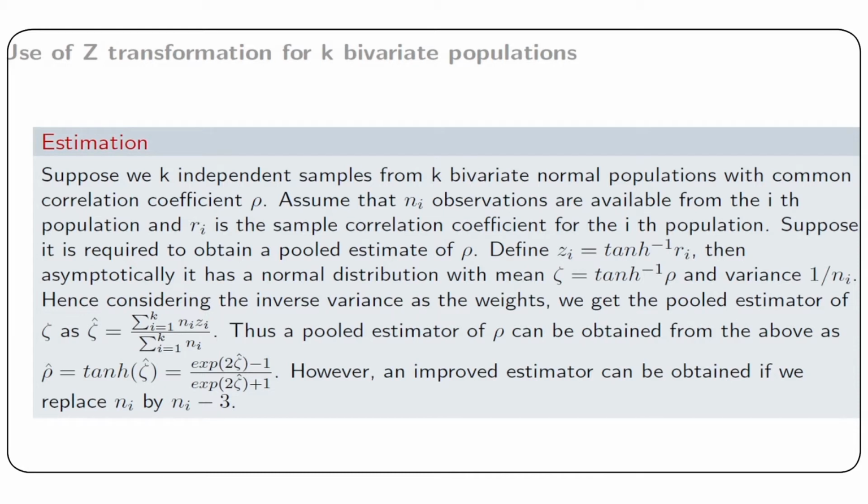Therefore, we have obtained an estimator of zeta, and since rho is a one-to-one function of zeta, we can get a pooled estimator of rho using the relation that rho hat is nothing but the tan hyperbolic of zeta hat.